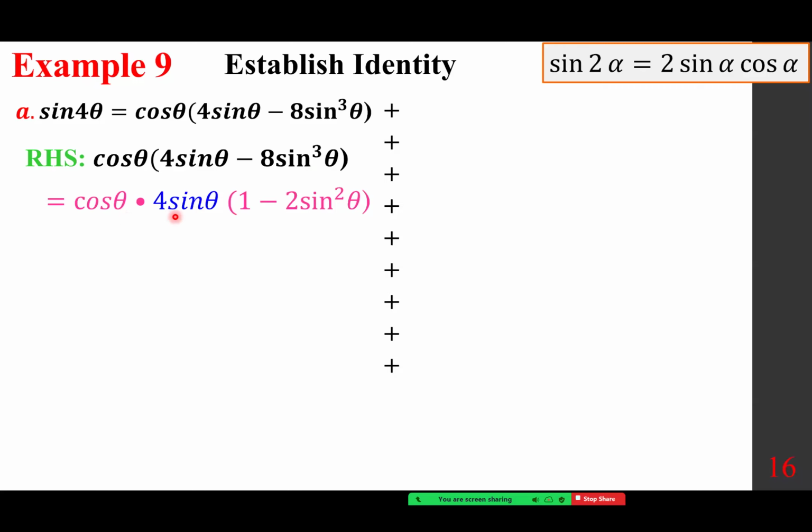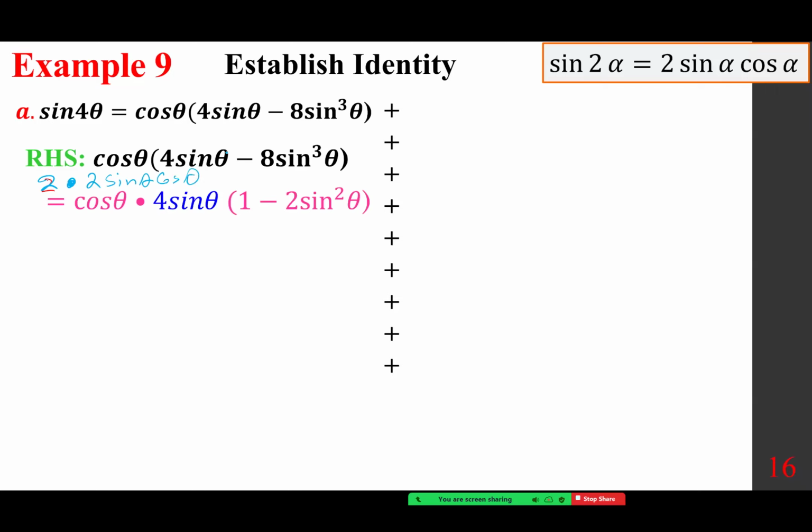We have 4 sine theta, cosine theta. So sine 2 theta is 2 sine theta, cosine theta. There are 4 of it. So that means this is 2 sine 2 theta, class. Let me write this as 2 times 2 sine theta, cosine theta.